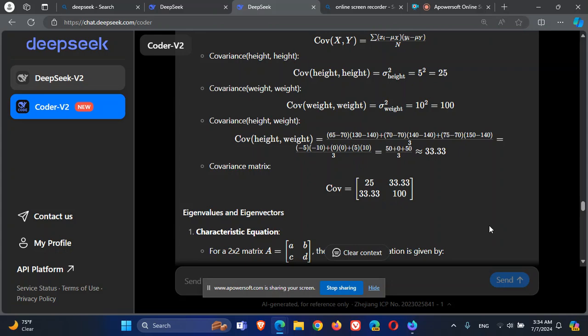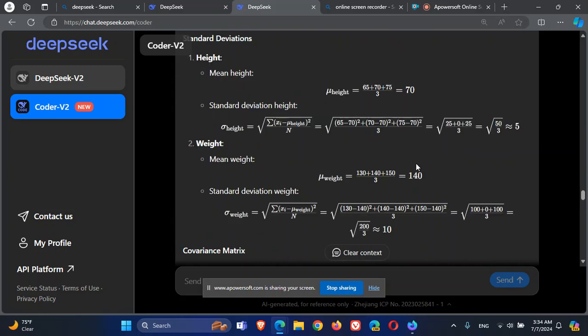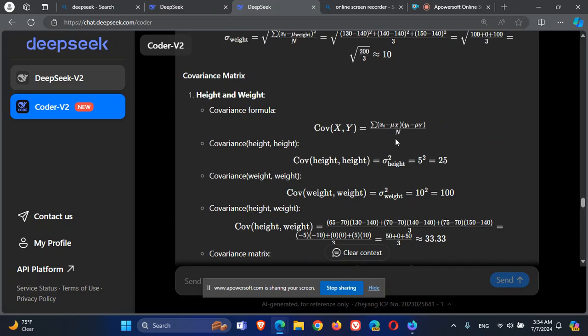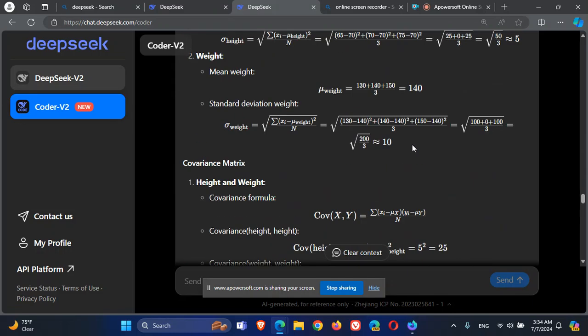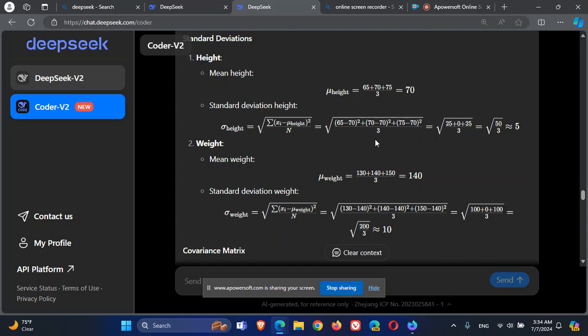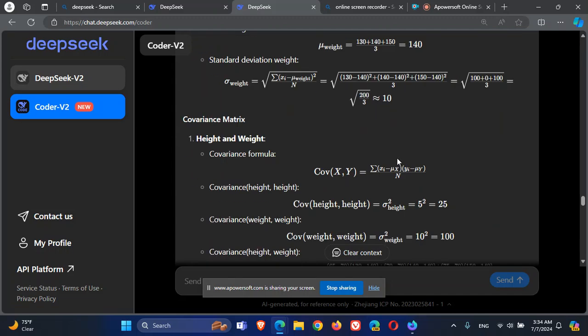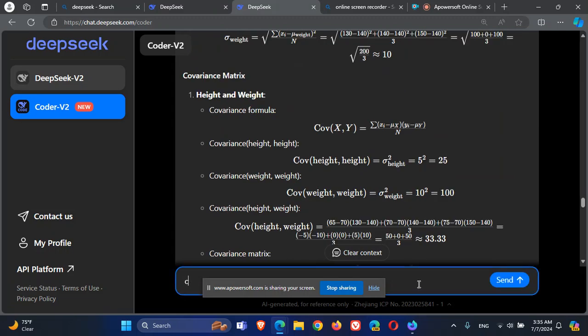Take the data, calculate the covariance matrix. We can also standardize it. We didn't standardize. Can we normalize the data before calculating the covariance matrix?